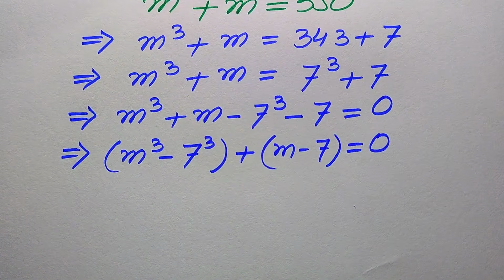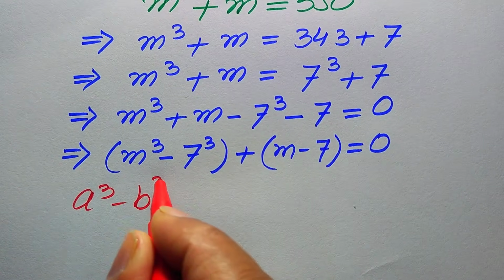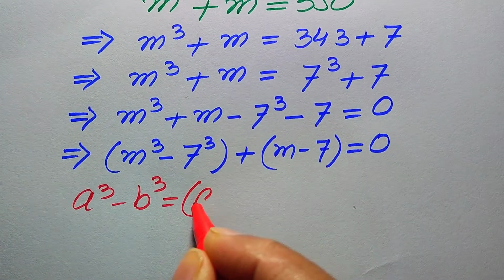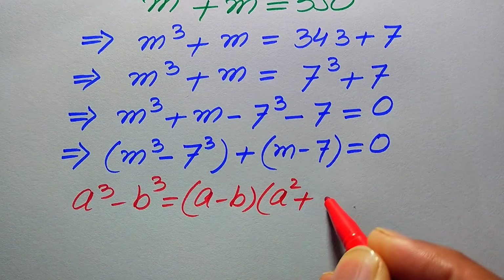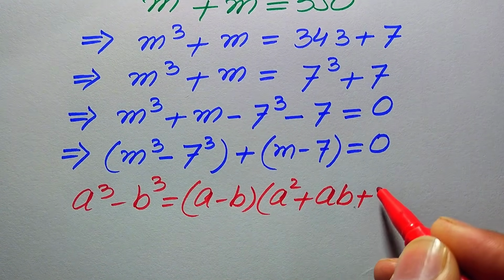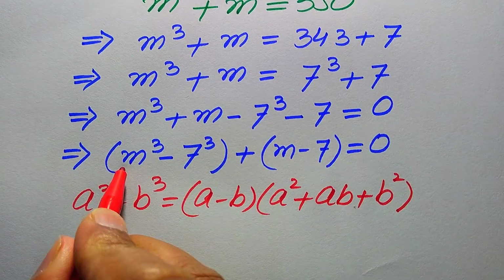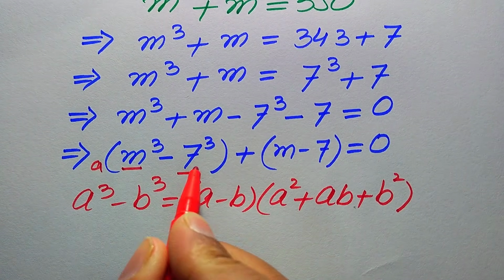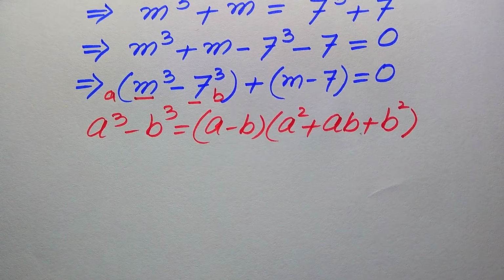So here we solve this problem with the help of the cubic formula. You know that a cubed minus b cubed is equal to a minus b times a square plus ab plus b square. According to this formula, the base of the first term is a and the base of the second is b, so we substitute the values of a and b.